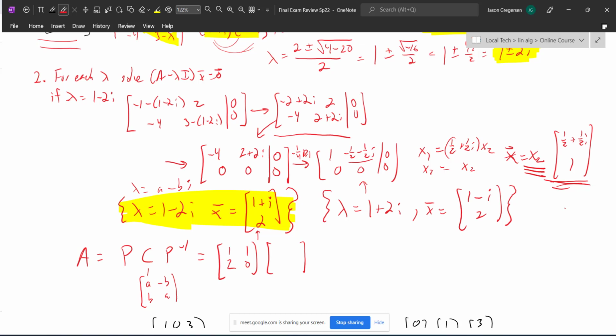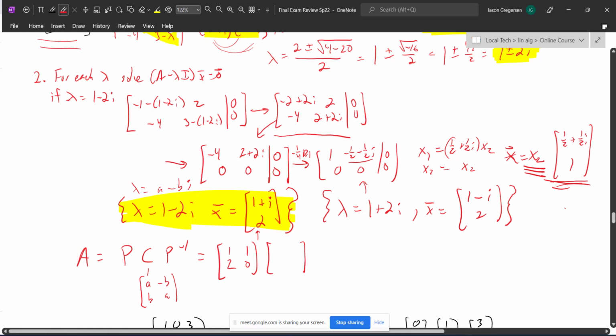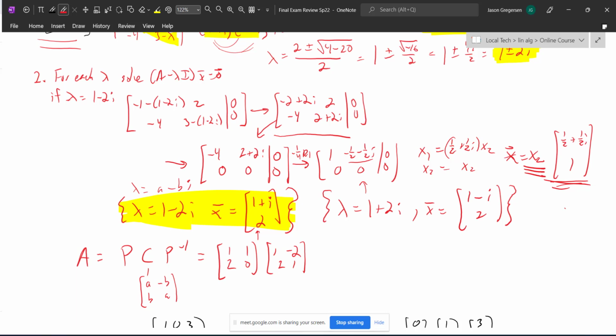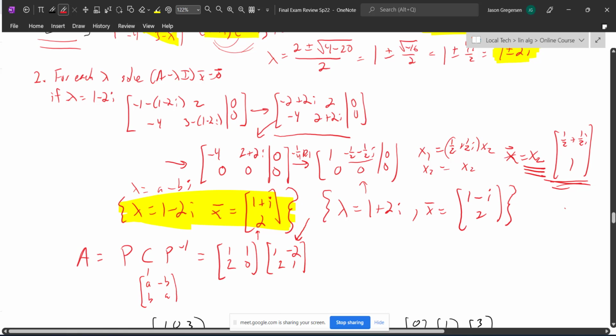So when I compare it to my lambda of 1 minus 2i, a is 1, b is positive 2, and my formula says I should have negative b here. That can be a little tricky, but the important thing to note is that if you use the 1 minus 2i, the negative eigenvalue, your negative sign will always go in the top right component of C.